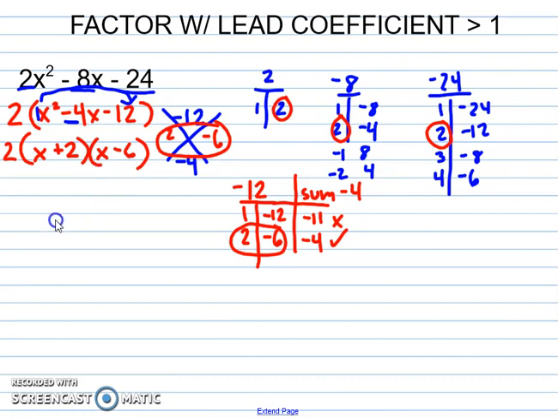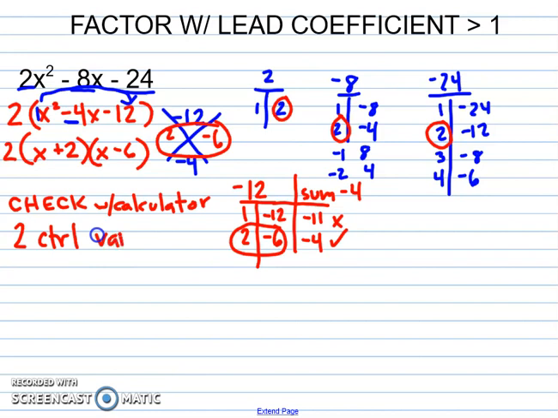Okay, so to make sure we did it right, we'll check on this one. And we're just going to write down how we would check with the calculator for this one. So how would I check with the calculator if that's what I needed to do? All right, so first thing I do is I'm going to tell the calculator what I want x to be. So I'm going to do 2, control bar, and those are the buttons.